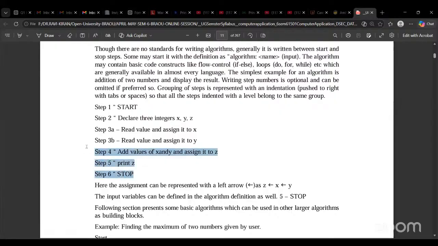So it seems to be a simple 6 steps, but in practice, it will increase a little more. It is not that fixed. The number of steps an algorithm contains is not fixed like that. It can be any number. It depends on what the particular problem is.